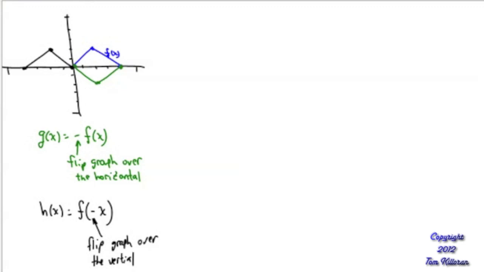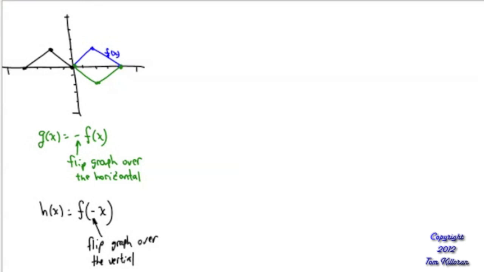Now I'm going to tell you why I'm calling it horizontal and vertical, and not x and y. There's a reason. Let me give you one last example. Flipping is really what you're calling the reflection. I like saying flip.